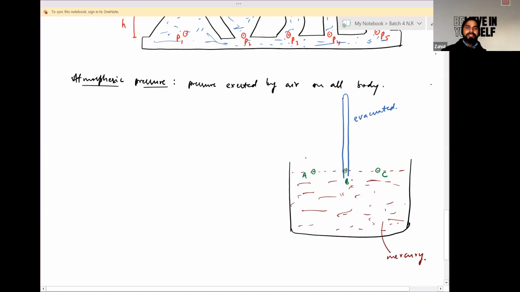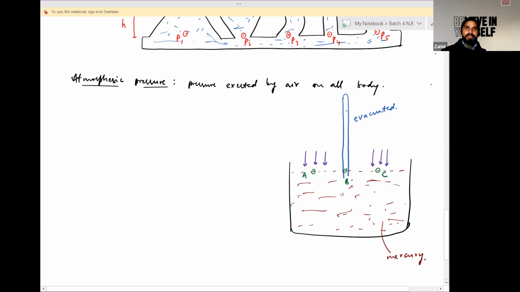You'll say pressure at point A will be due to the atmosphere or air present over it. Similarly, at point C, there is air above it, but for B, there is no vertical column of fluid as this tube is evacuated.